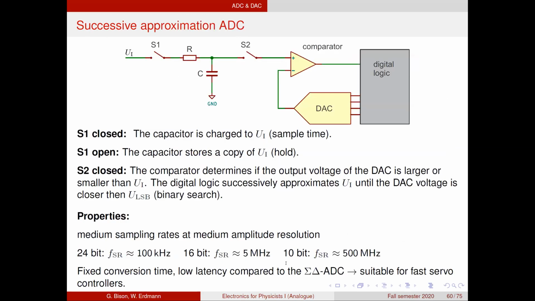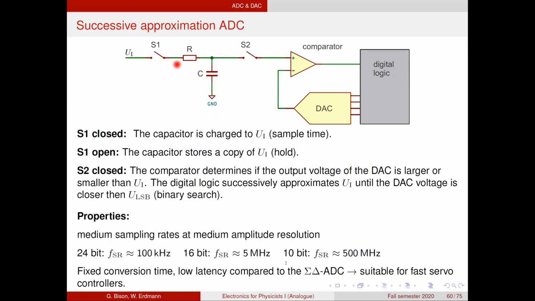Okay, let's come to a different kind of ADC, which is used if you want significantly smaller frequencies but higher resolution. It's a successive approximation ADC, and this works in stages. The first stage is that this switch here is closed and this switch is open. You see we have an RC circuit here that charges the capacitor to the voltage that we have on the input.